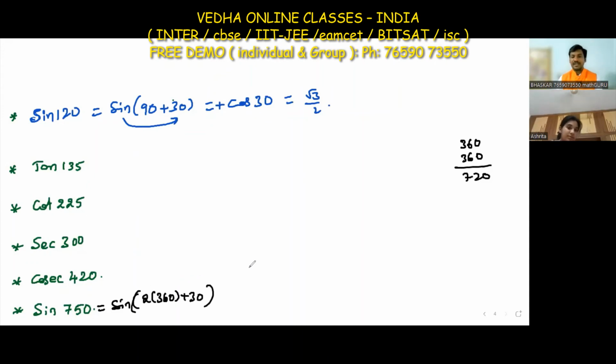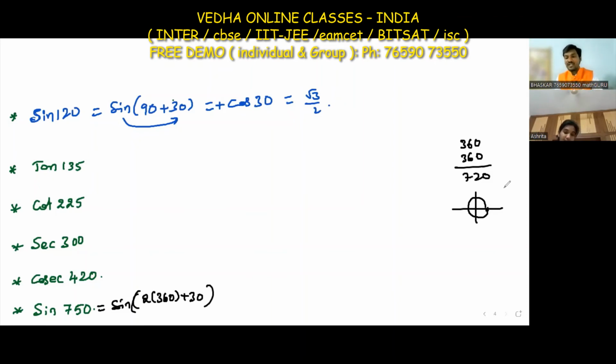Always remember, when we take a quadrant, we have 0 degrees, 90, 180, 270 and 360. 360 means we are coming to the same place, that is equal to 0 degrees again.